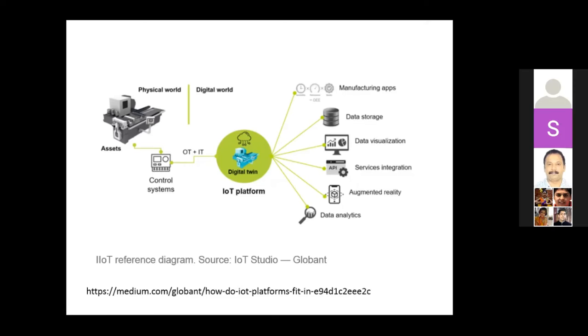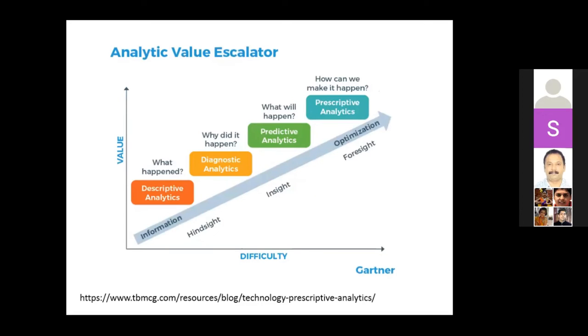So this is one of the interesting smart systems. And once you get the data, you can understand this analytic value escalator. So you can do descriptive analytics, diagnostic analytics, predictive analytics, and prescriptive analytics. That is the outcome of development of all these smart systems.